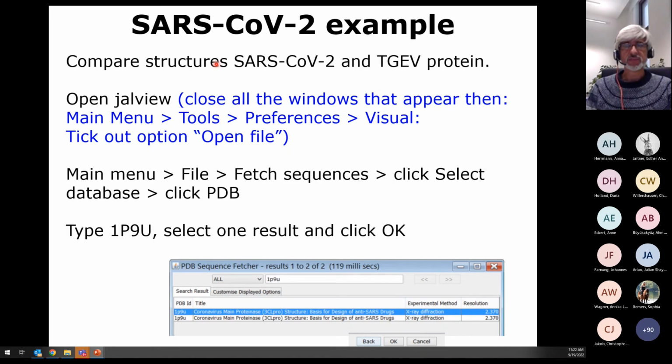This is page 23 in the script. So you have to change 1P9U colon B, that should be F. Okay, and 1P9U G, that should be H. It's in the chat notes anyway, so you can find that. But other than that, the script is okay.